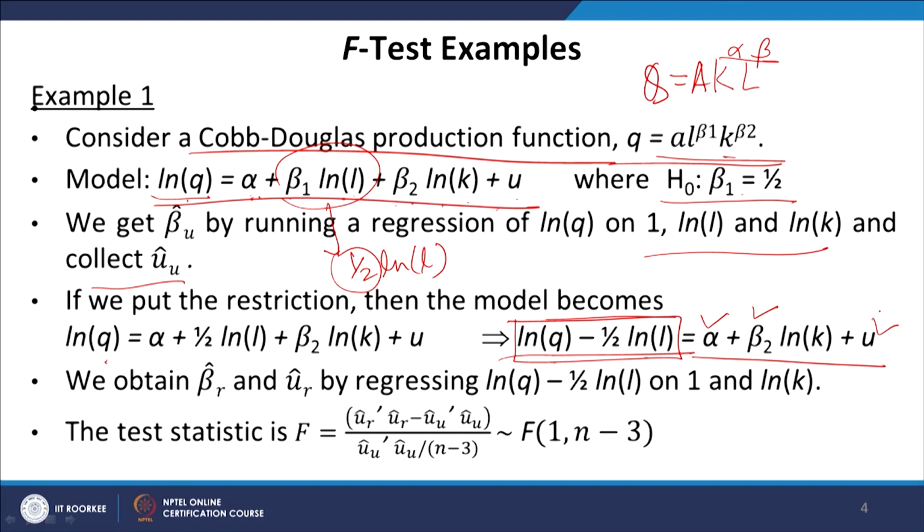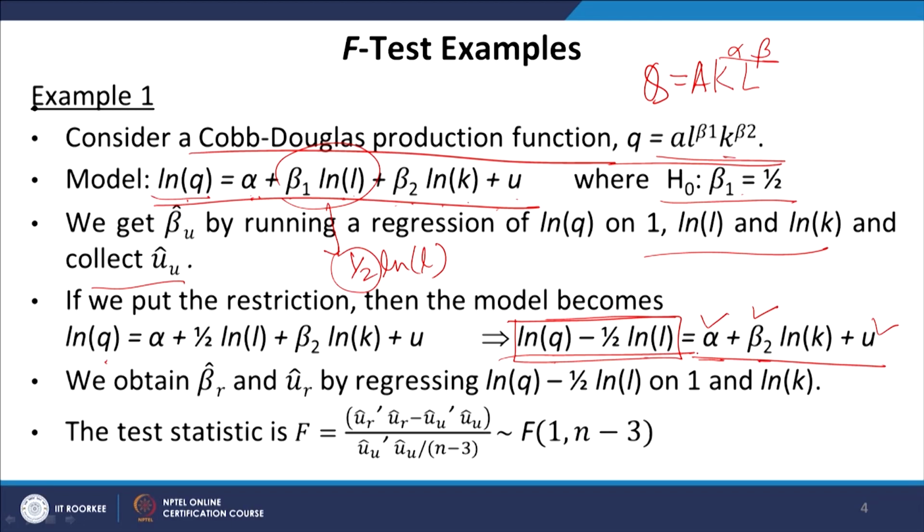Now, you see that beta r is a vector which consists of alpha and beta 2, while beta u hat is a vector which consists of alpha, beta 1 and beta 2. So, we obtain beta r hat and u r hat by regressing logarithm of q minus half of logarithm of L on 1 and logarithm of k, and the test statistic F is the usual one.